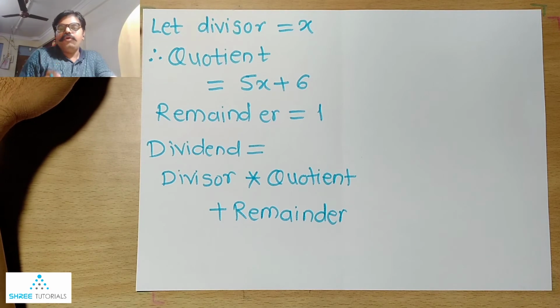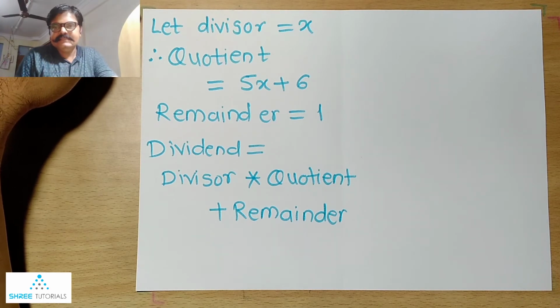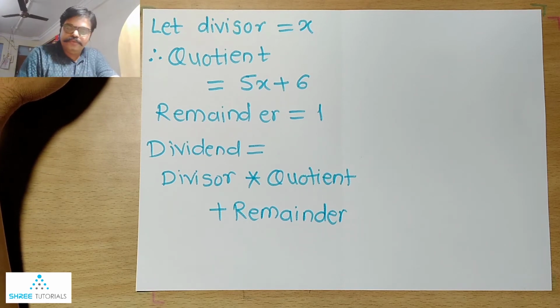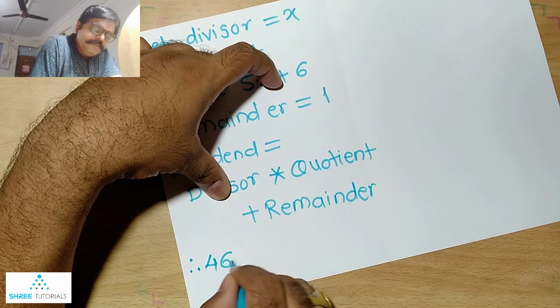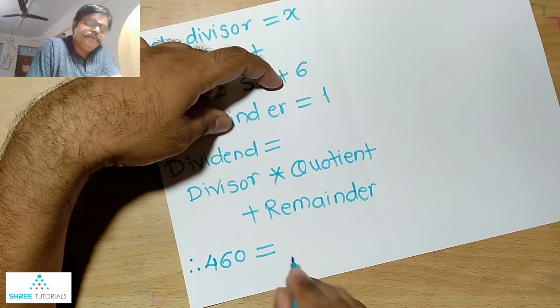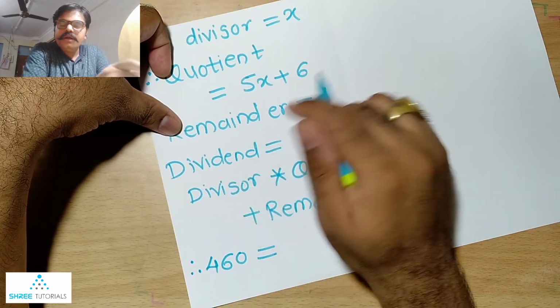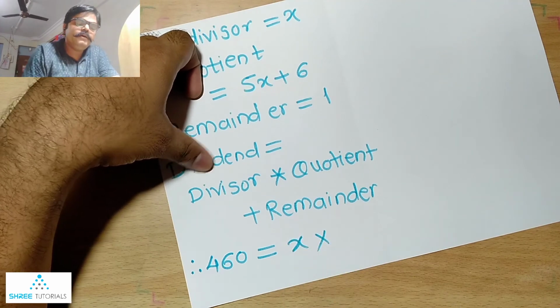This is the formula we are supposed to utilize over here. Alright, and for getting the equation, we will have to put things in this formula. What exactly our dividend was? Dividend was simply 460, and therefore I am going to put 460 in place of the dividend is equal to divisor. How much was the divisor? According to our assumption, it was x. So therefore x multiplied by the quotient.